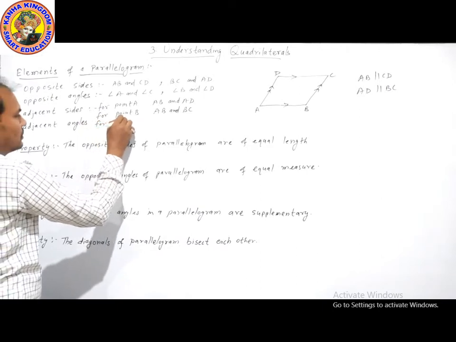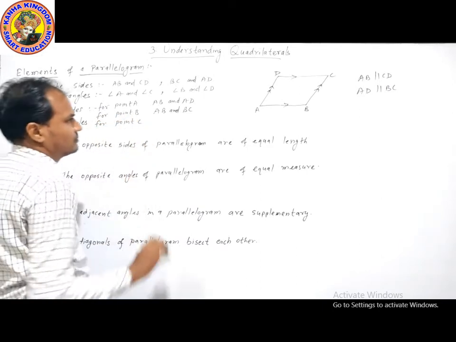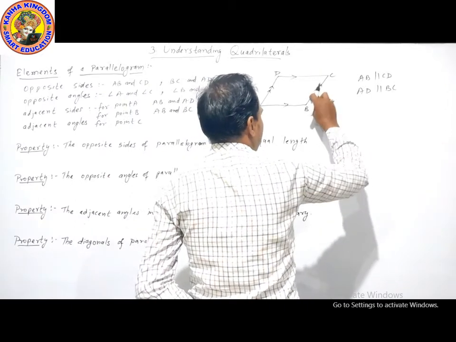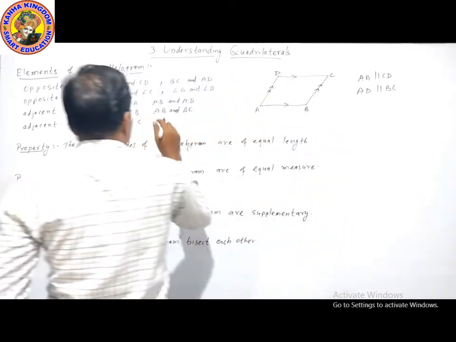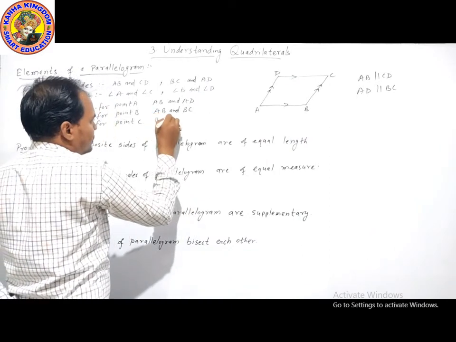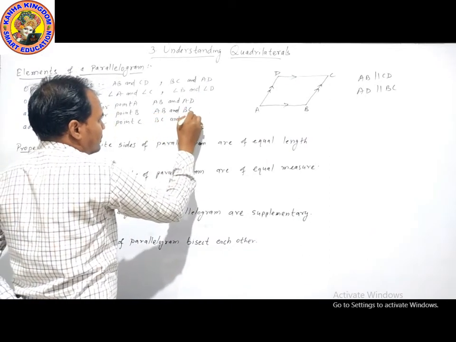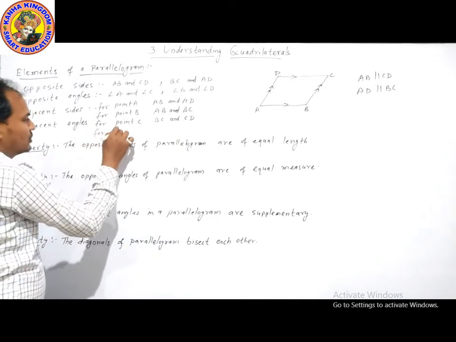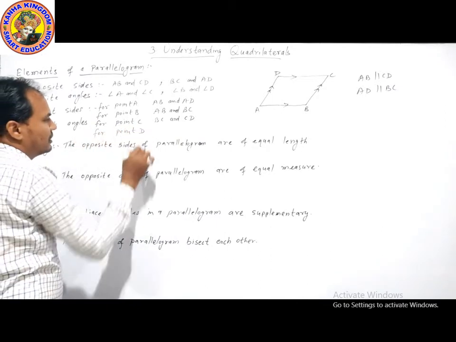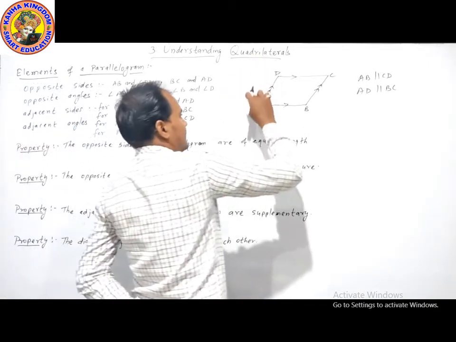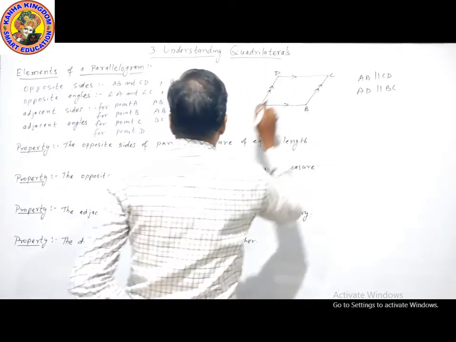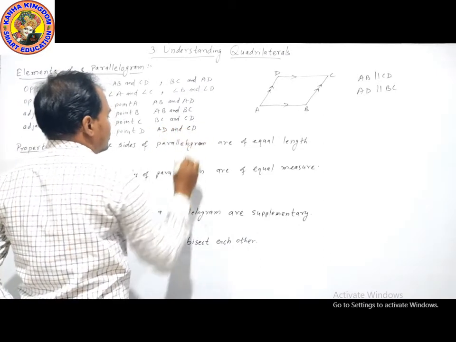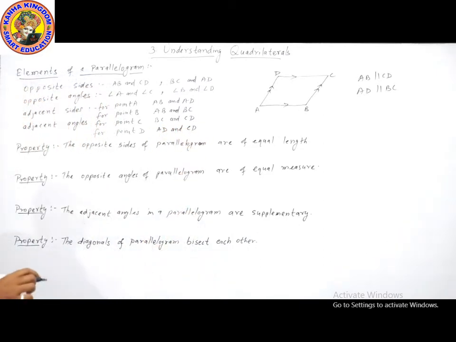For point C, adjacent sides are BC and CD. For point D, AD and CD are adjacent sides.